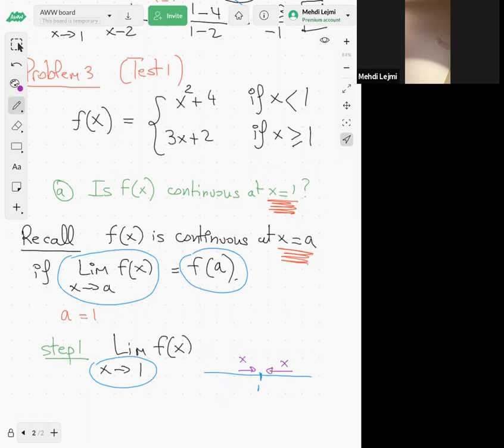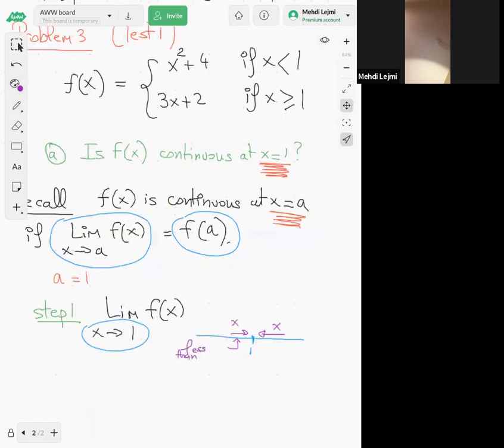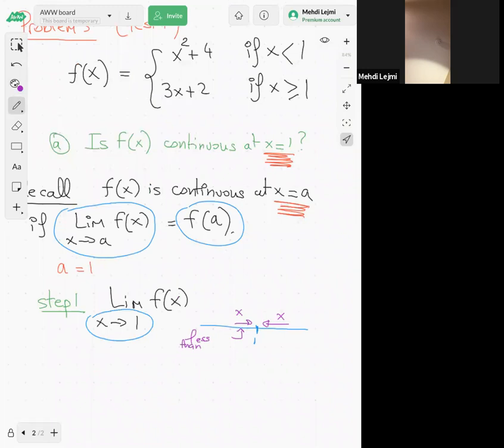If you approach 1 from the left, then x would be less than 1. And if you approach 1 from the right, then x would be larger than 1.